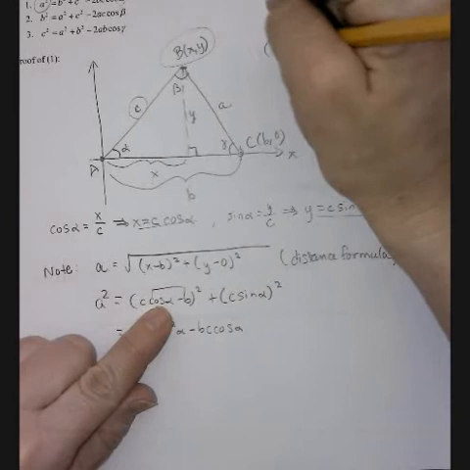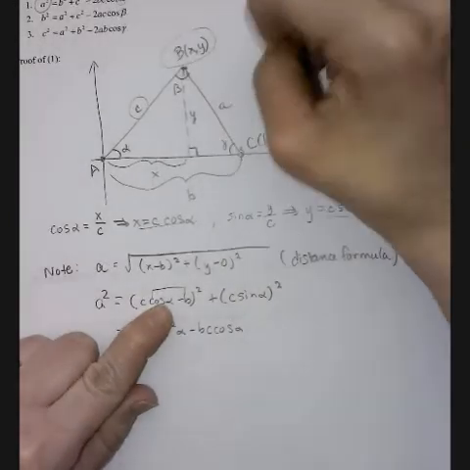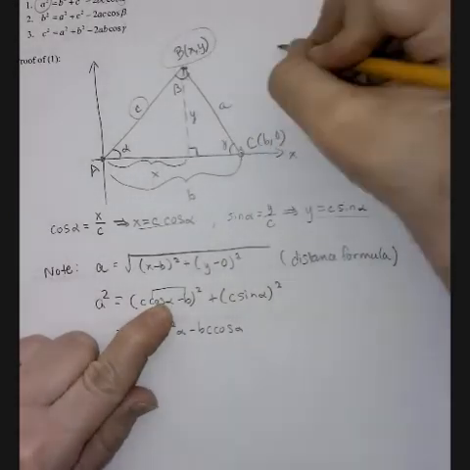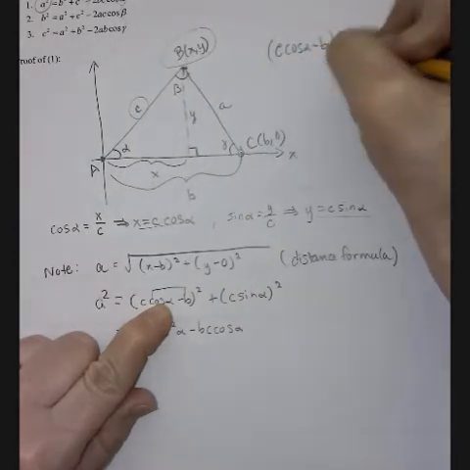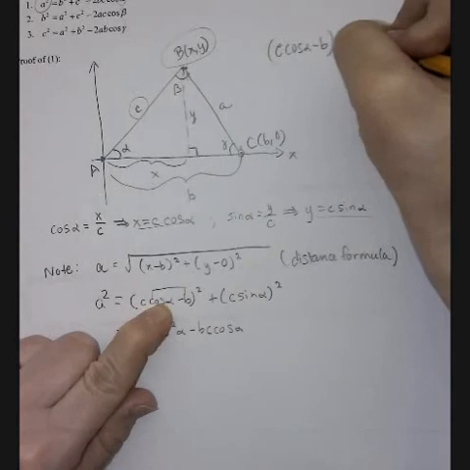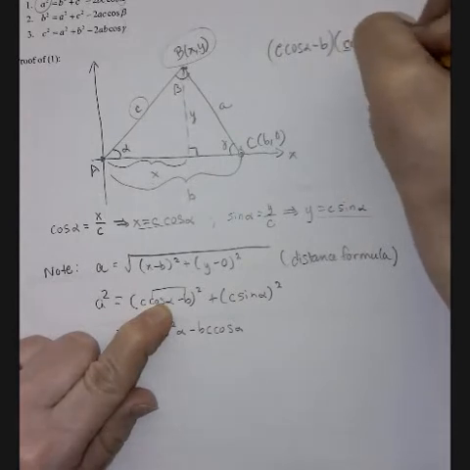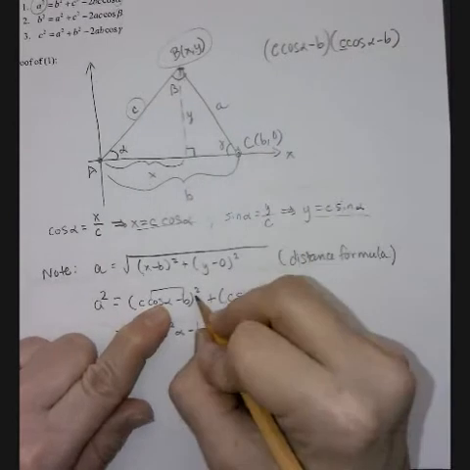I don't want you to be confused if I'm doing too much at once, right? So this is what I'm doing. The c and the cosine kind of run together. This is c times cosine alpha, right? So when you square this, you're multiplying it times itself.